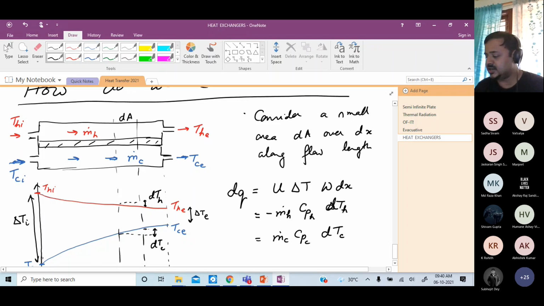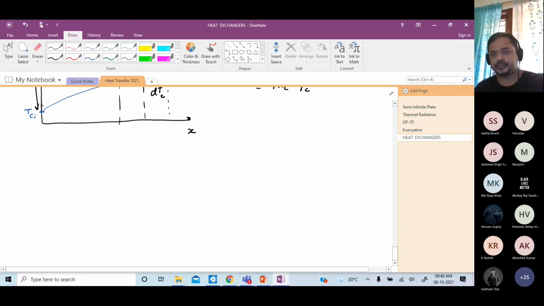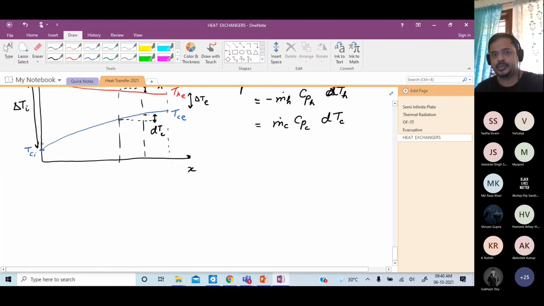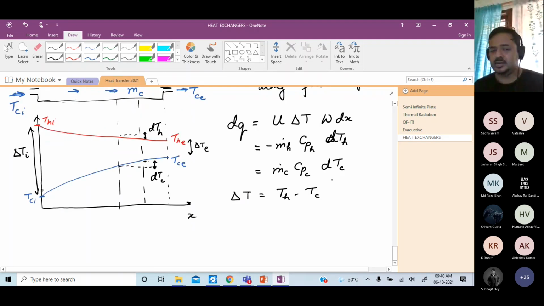Why did I take minus? Because dTh is negative. Heat transferred has to be positive if I have to write this in equality. Here, Th minus Tc at that location.